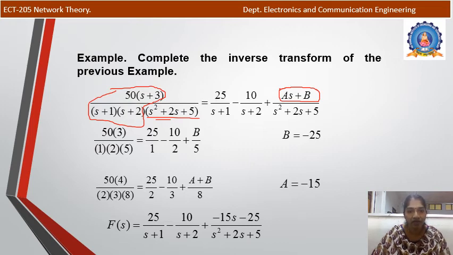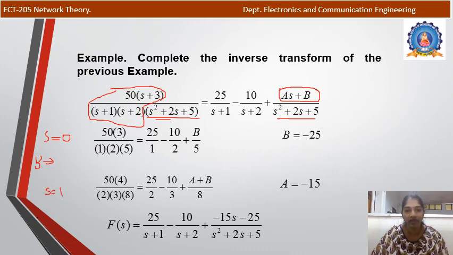Here what we have to do is take the factors of this, that is 2 and 5. For getting b, we will substitute s equal to 0, right? And for getting a, you will substitute s equal to 1.